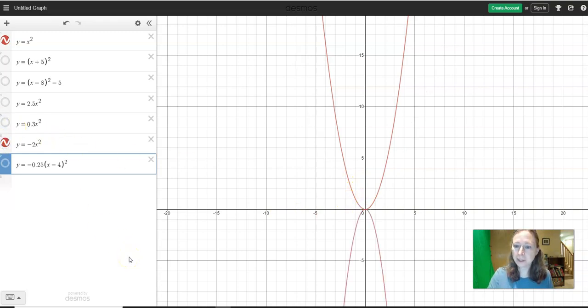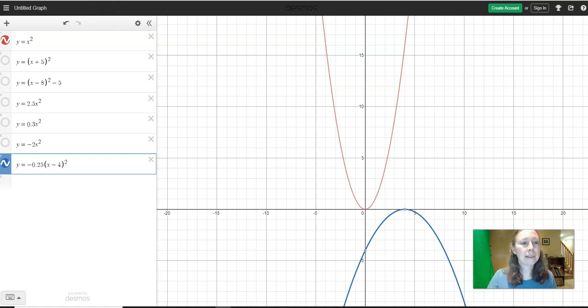Y equals negative 2x squared. It's a little hard to see and it's subtle, mainly because mine are the same color, but this is skinnier and taller than the parent function and inverted. And then this last one, y equals negative 0.25 times the quantity x minus 4 squared, shifts to the right 4 places, it's inverted, and it's a little wider and fatter than the parent function.